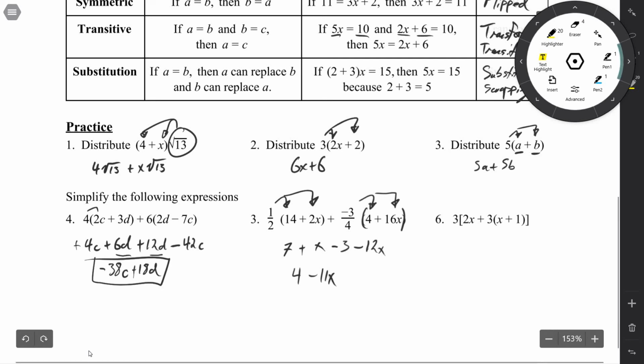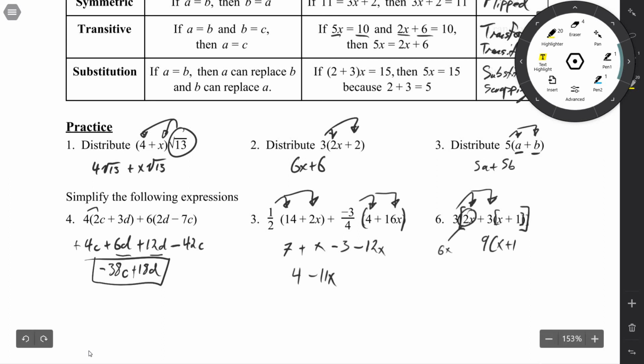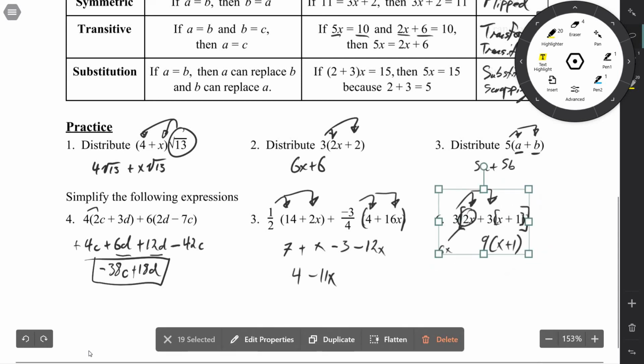This next one has two sets of brackets. We have a small set of brackets here and a larger set here. We can distribute this 3 first if we want to, but it can get a little bit confusing. This 2x would turn into 6x, and this 3 would turn into 9, but we'd still have to distribute the 9 across those two. I think it's a little bit simpler if you just start from the inside and work your way out.